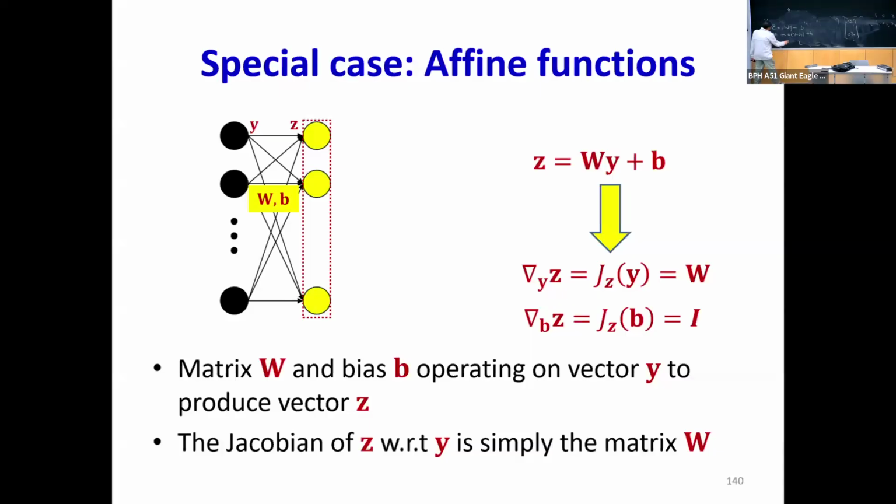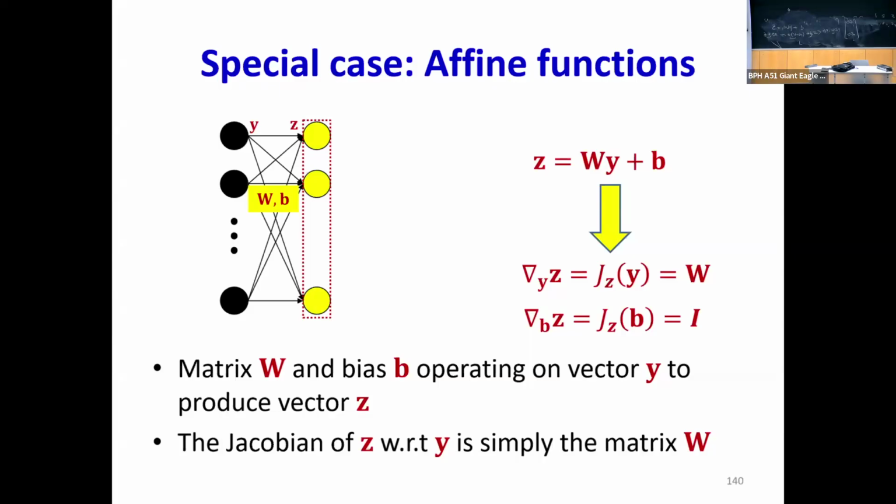So you can see that wy plus b is the same as z. So this gives you delta z equals w times delta y, which means the derivative of z with respect to y is going to be w. That's the Jacobian of z with respect to y, right? Similarly, if I perturb b by a small amount, z is going to change by the exact same amount. So the derivative of z with respect to b is an identity matrix.